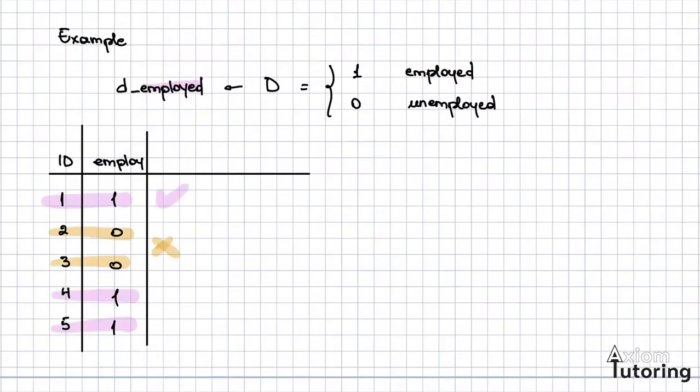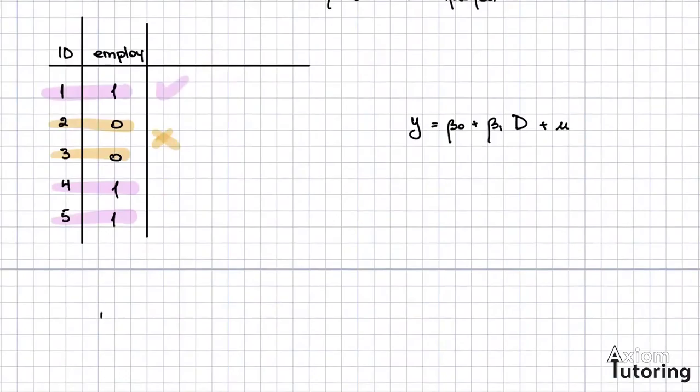We do exactly the same thing that we've been doing when we write any regression like before. So we'd have a y variable being equal to beta 0 plus beta 1, let's say d for the dummy, plus an error term. Okay, now what exactly does this imply for us? Conceptually, if your d is equal to 0, it means that I am actually looking into people who are unemployed.